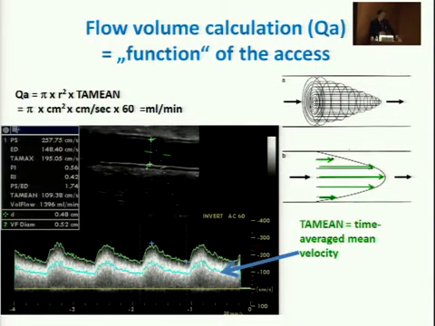Flow volume is the function of the access, and it is completely different from all other aspects of vascular ultrasonography, because we are usually not interested in flow volume of carotid arteries or femoral arteries or all these things, and it could be easily measured by ultrasound.